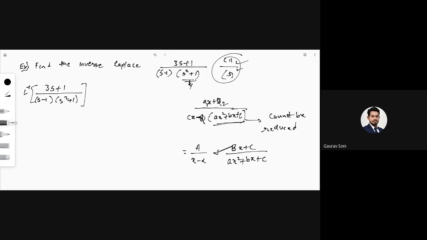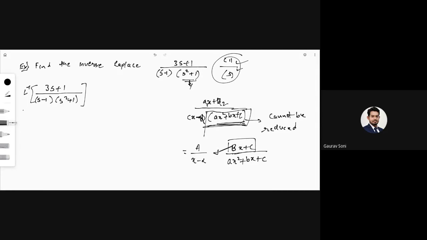So whenever you have a term in the denominator that cannot be reduced, I mean you cannot write it in x minus alpha, x minus beta form, the partial fractions are given in this pattern. The numerator is bx plus c for that non-reducible term.